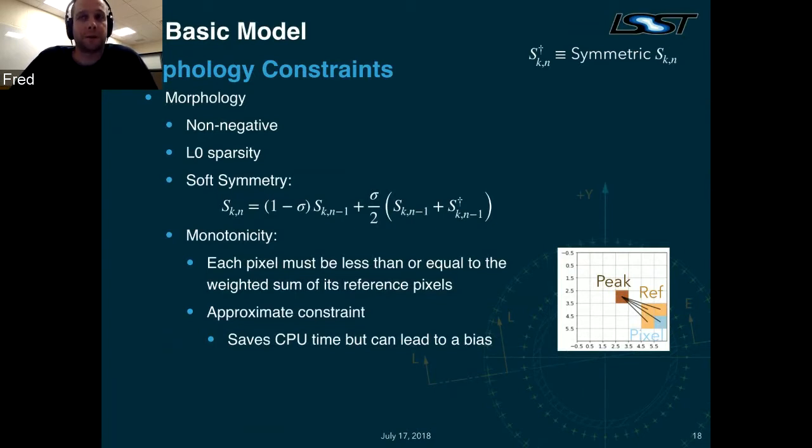For each of those pixels, we weight them based on the angle to the peak. And so we say we want the current pixel to have less flux than the weighted sum of those 3. It's a way to prevent these spiky fractal-like things that you can see when you have just a naive monotonic solution.